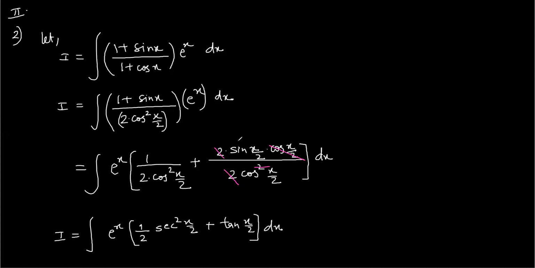Now you can check what's happening here. Inside the bracket you have tan x by 2 and half sec square x by 2. Now you know the derivative of tan x is sec square x. So I understand that this could be f of x, and here this could be f dash x, though I am not sure about it.